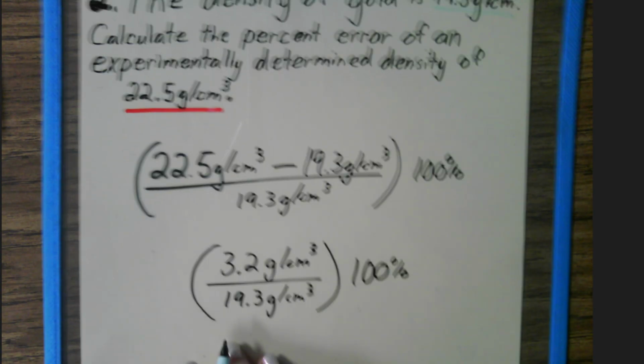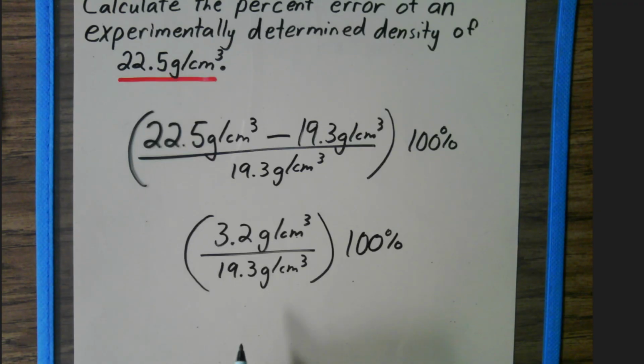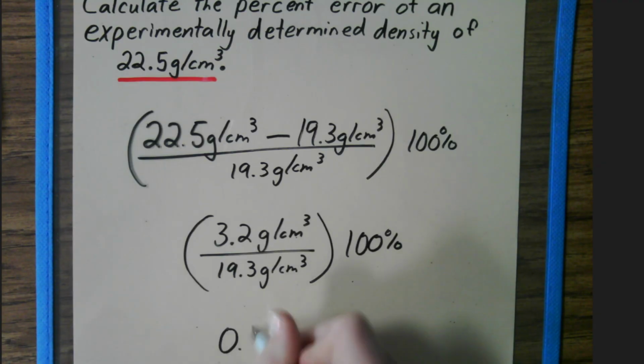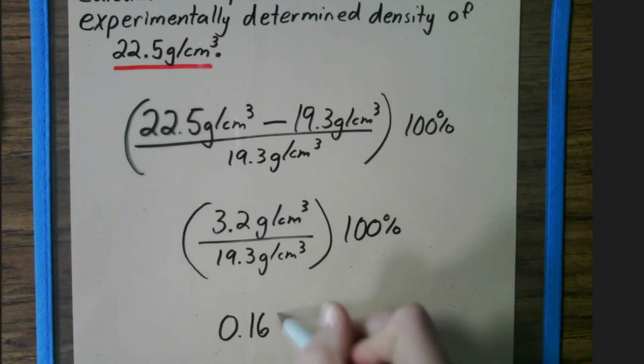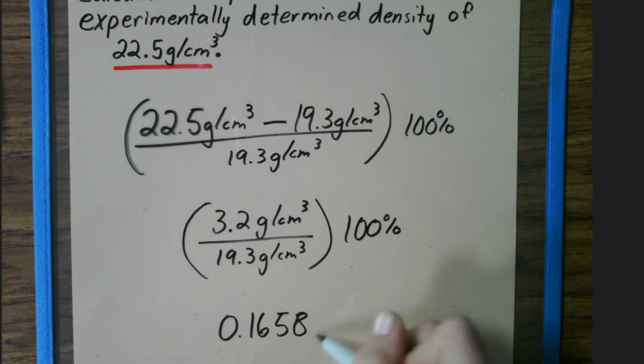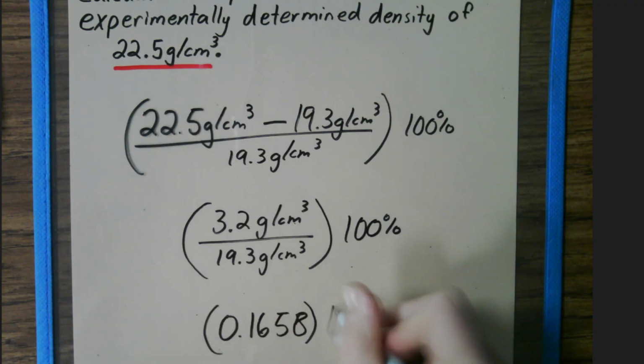Next, we're going to divide, because it's in the parentheses, order of operations. 3.2 divided by 19.3 is equal to 0.1658 and so on, times 100.